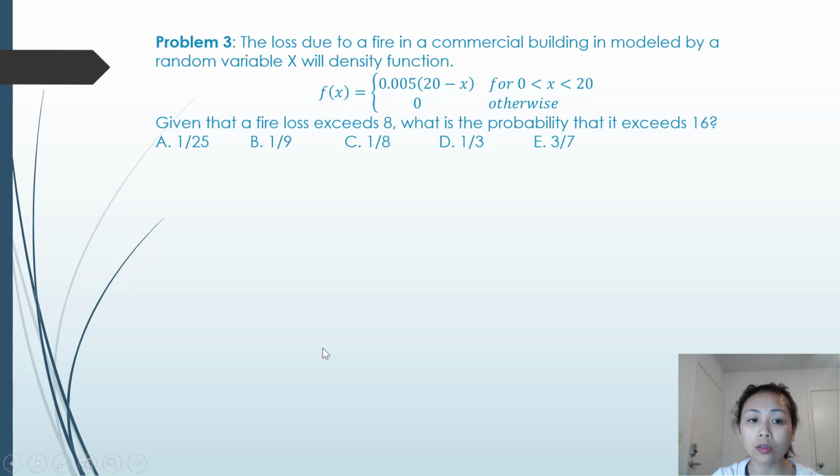So here this is a question of conditional probability. Remember in lesson number 3 we learned about conditional probability.